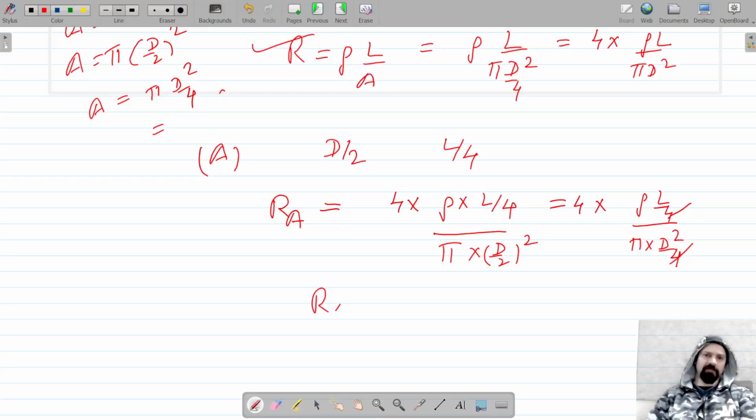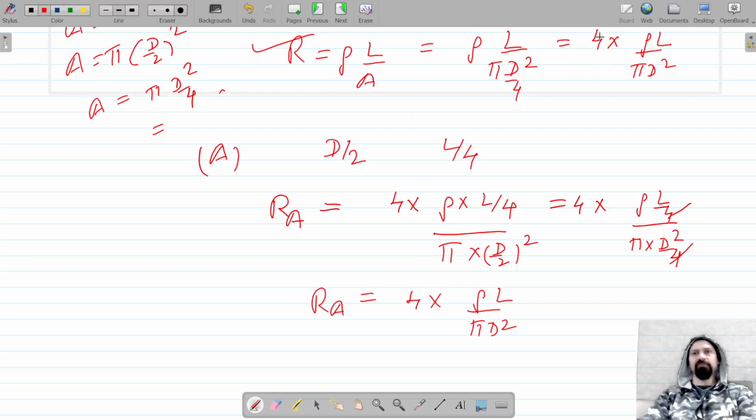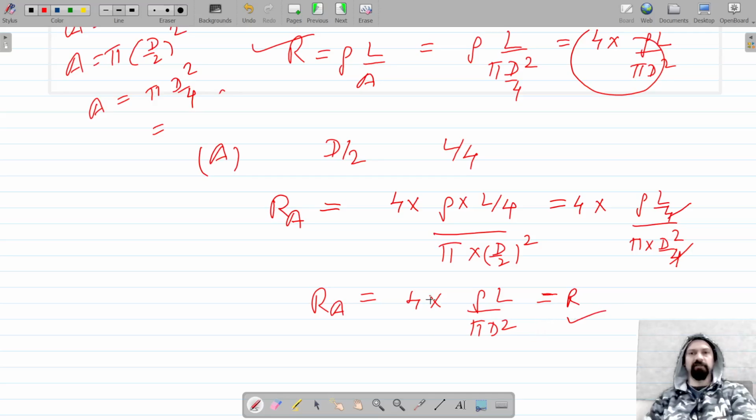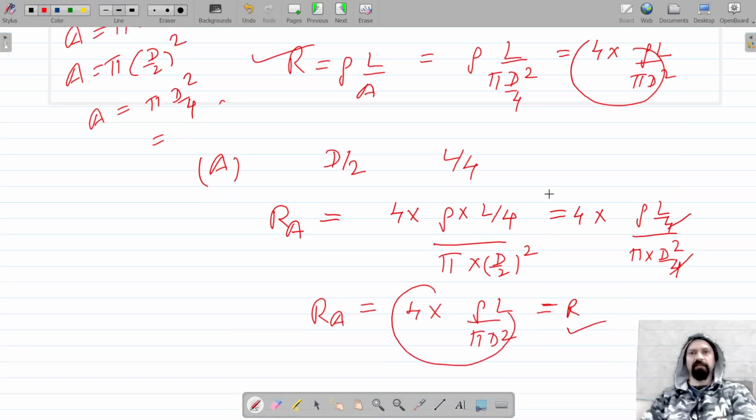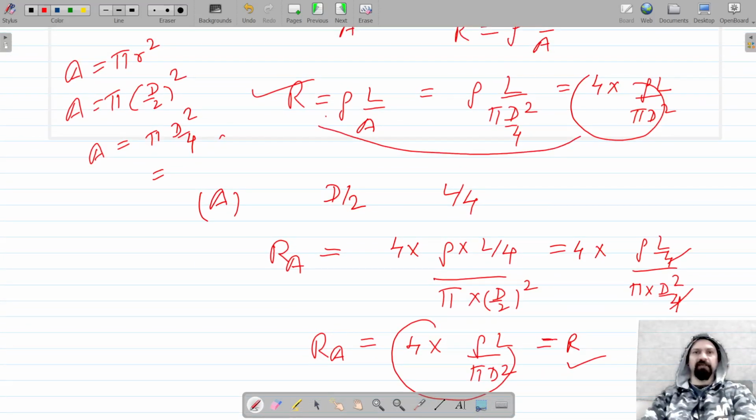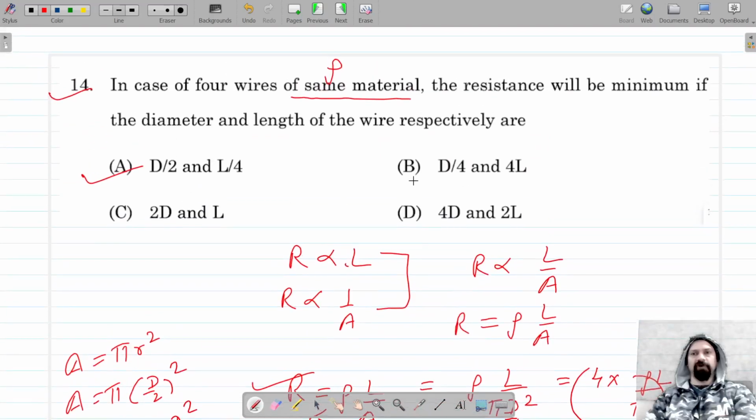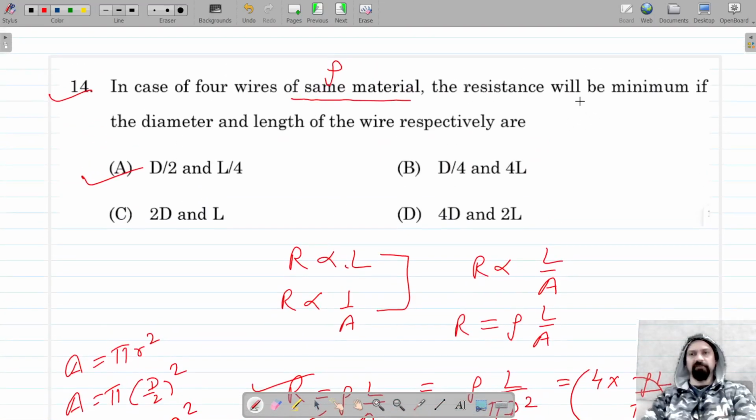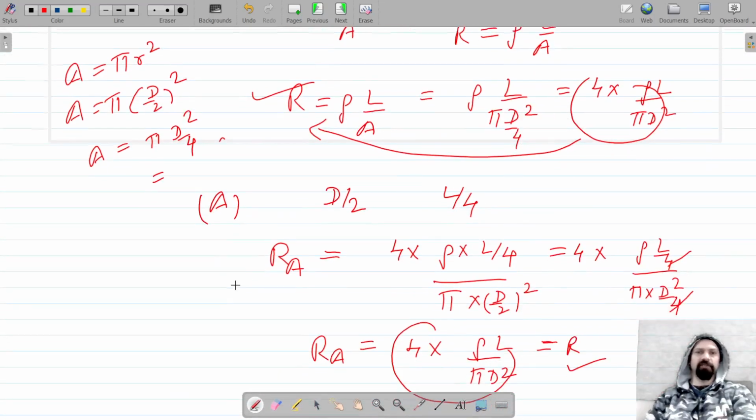So इसका मतलब है इसमें रेजिस्टेंस जो है वो 4ρL by πd² ही है. This was the resistance R. इसका मतलब इस केस में रेजिस्टेंस उतनी ही रहेगी, there will be no change in the resistance, क्योंकि 4ρL by πd² is R. Okay, but we have to find the case where the resistance is minimum. Let's consider the B case.